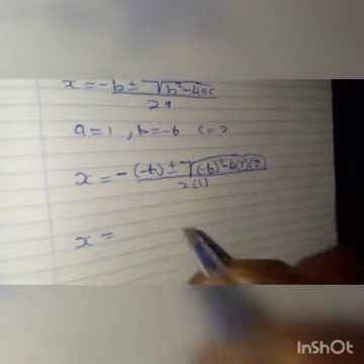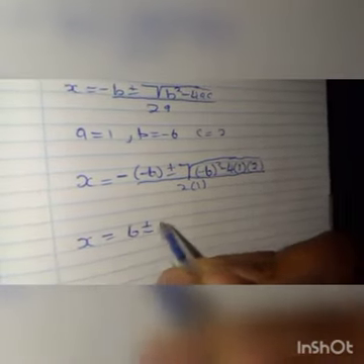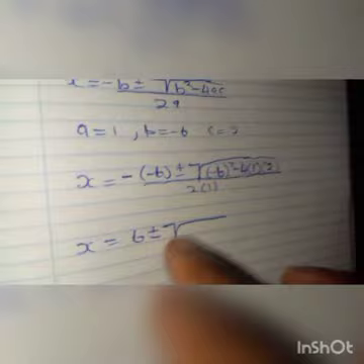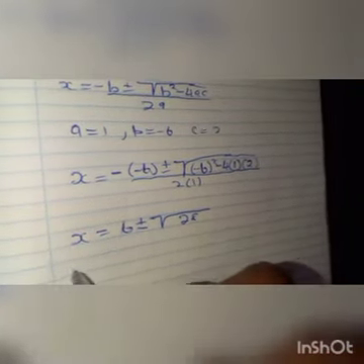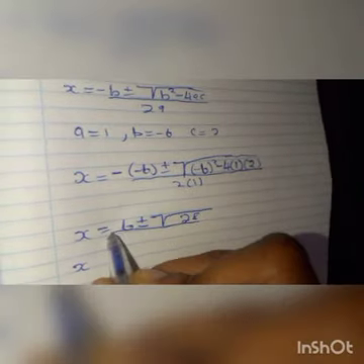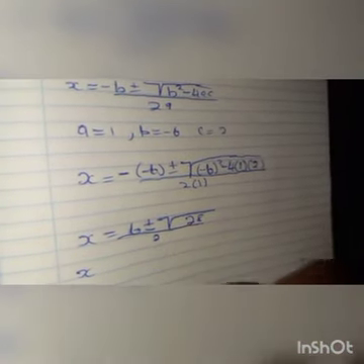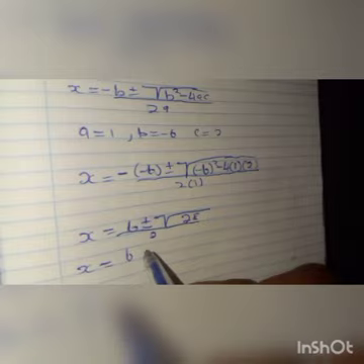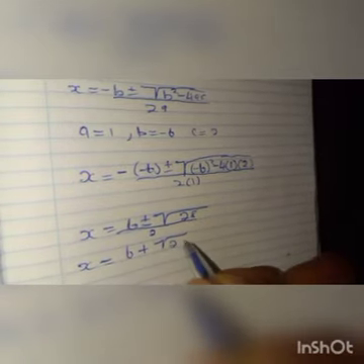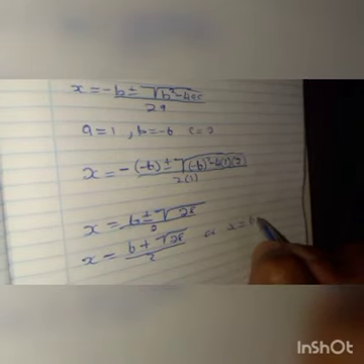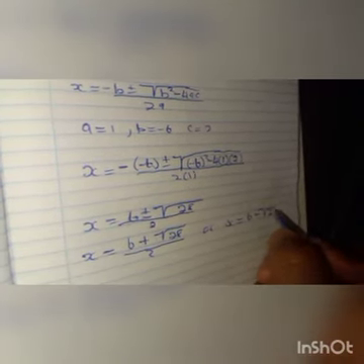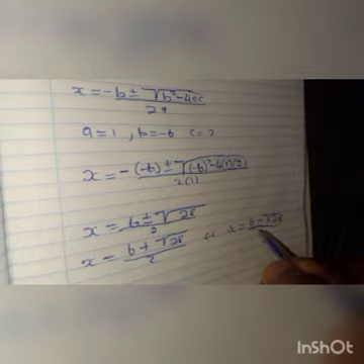Okay, therefore x is equal to 6 plus or minus, if you work this out, you're going to have 28, all divided by 2. Okay, therefore x is equal to 6 plus 28 divided by 2, or x is equal to 6 minus 28 all divided by 2.